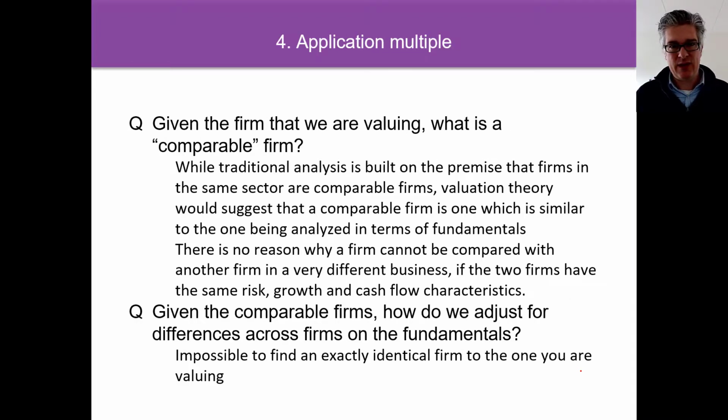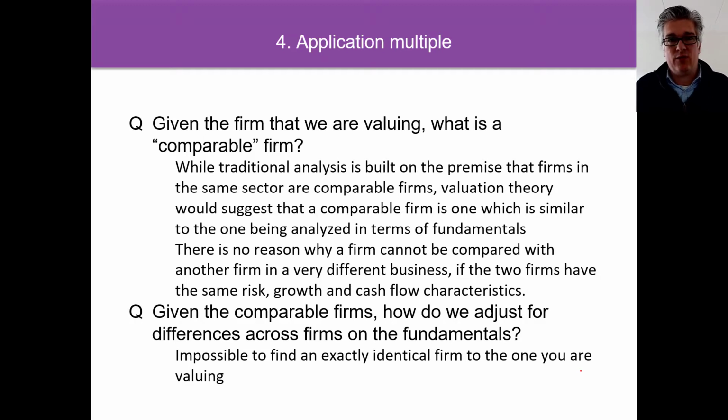And then finally, apply the multiple. And there, again, you have to be careful how to apply the multiple. So for instance, think about what is a comparable firm. In principle, most of the time you can look at firms in a similar sector and say, hey, firms in this sector are exactly the same. But if those firms differ very greatly in terms of risk, in terms of growth, in terms of leverage, then it becomes maybe a lot harder to apply that multiple.